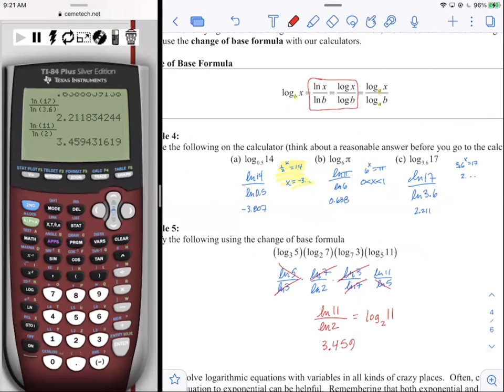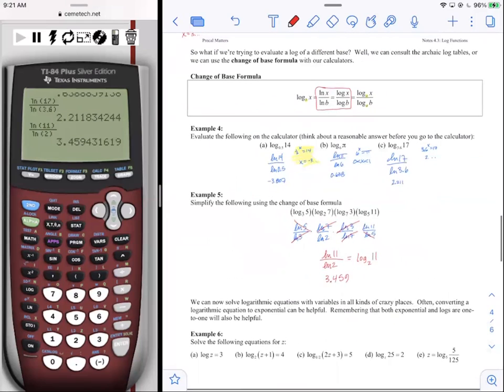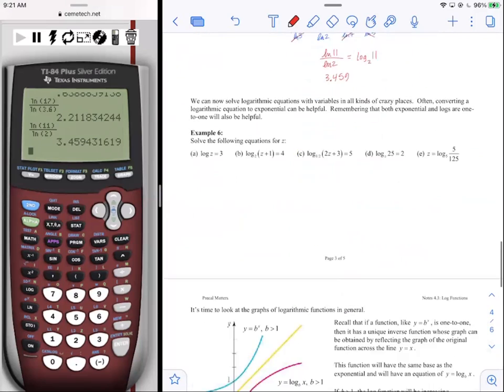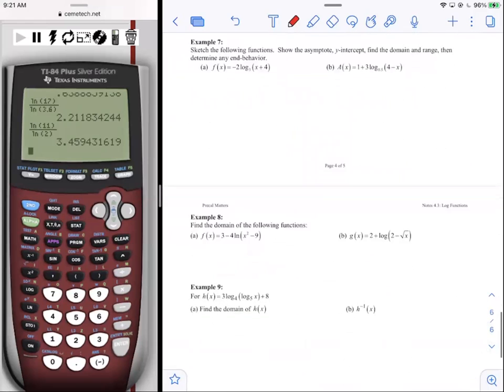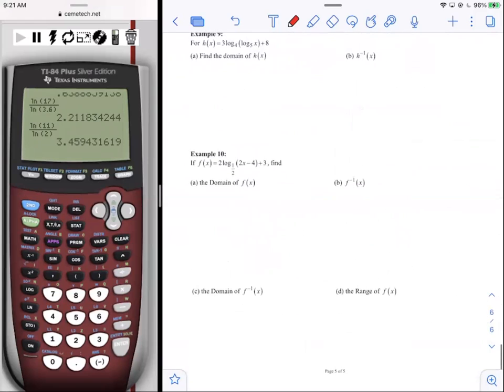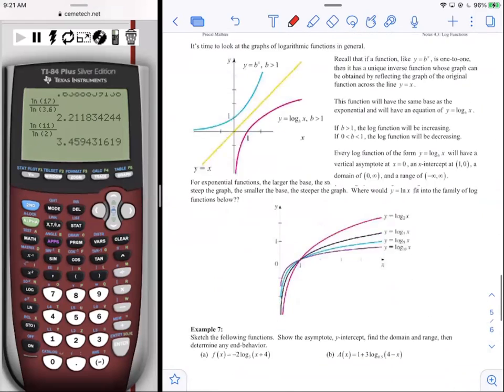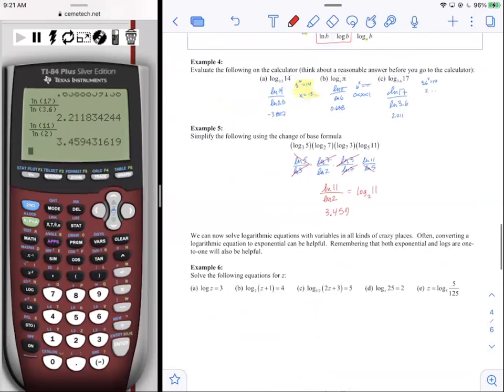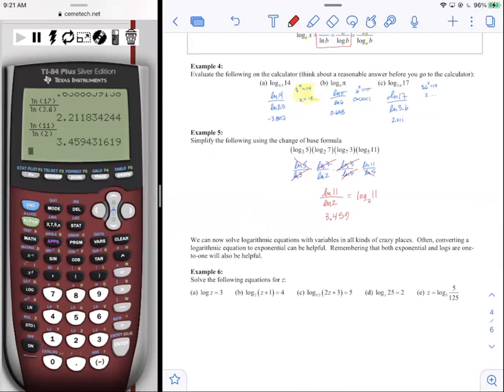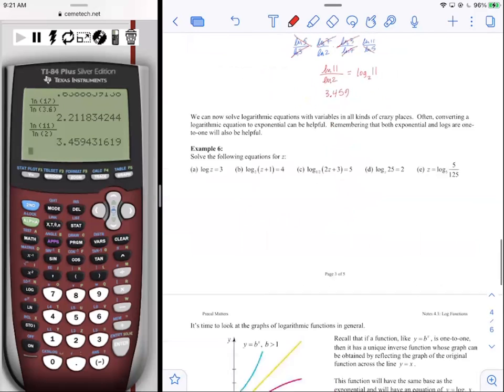Now, that's not the only application of the change of base formula. The change of base formula could be pretty applicable to graphs as well. So let's put that off until we get to graphs, and then we'll revisit that later.